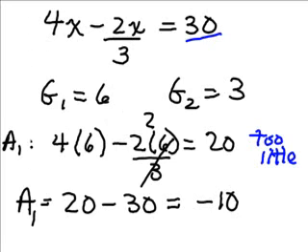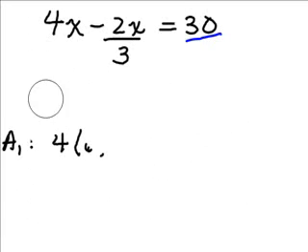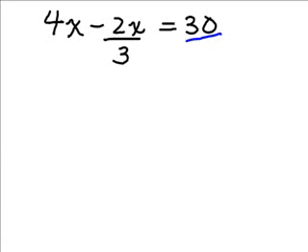All right, now we're going to redo the whole problem, except this time we're going to be using g2 to find a2. So let me write a2 so I know that's what I'm working on. Now g2 was given as 3.